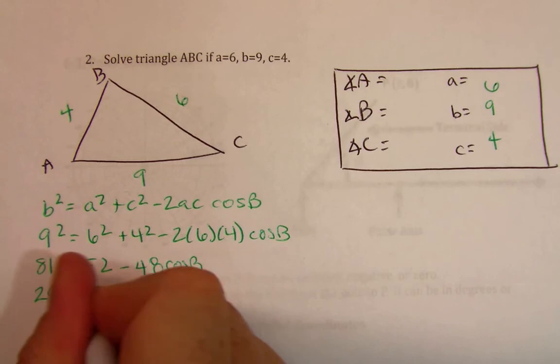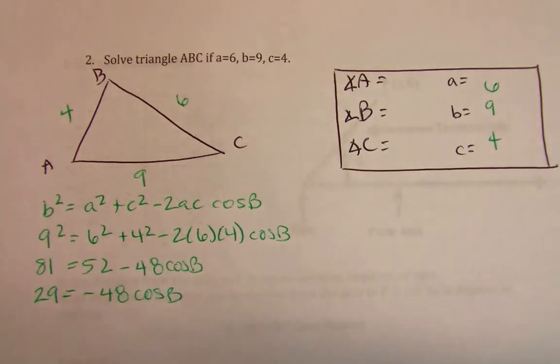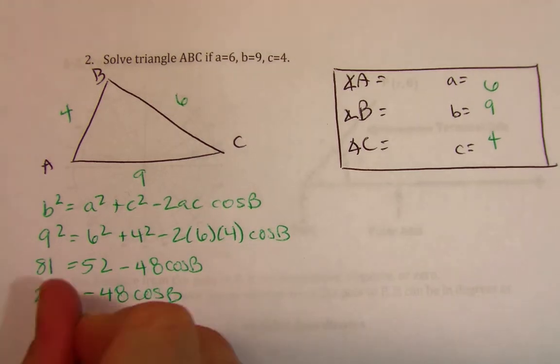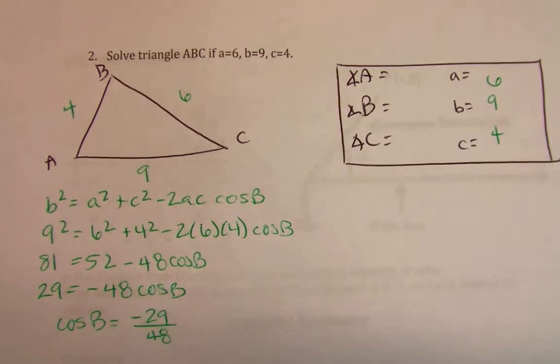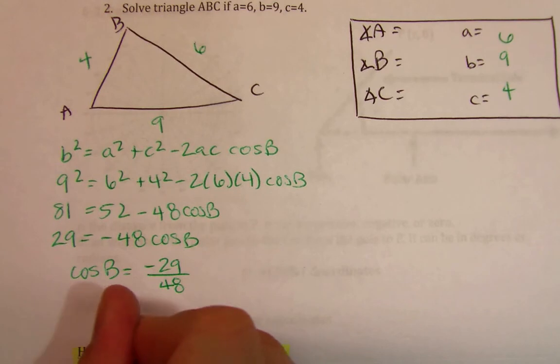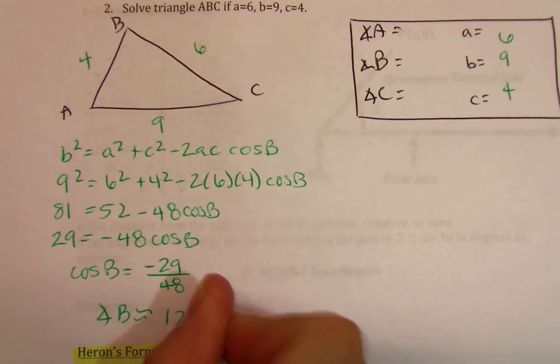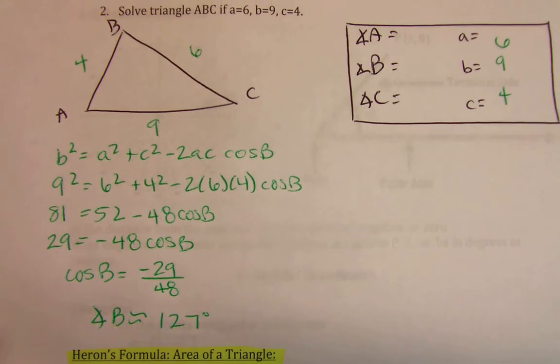So 29 equals negative 48 cosine B. Dividing by 48, cosine B equals negative 29 over 48. So inverse cosine tells me angle B is about 127. So 127 is angle B.